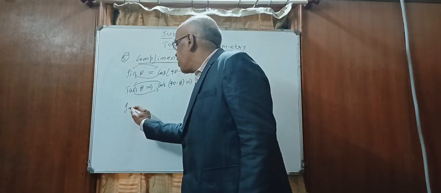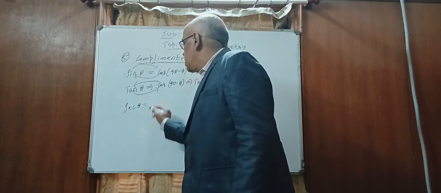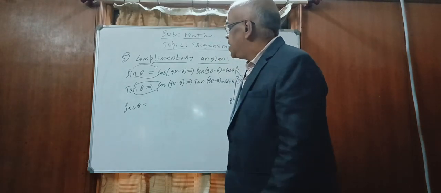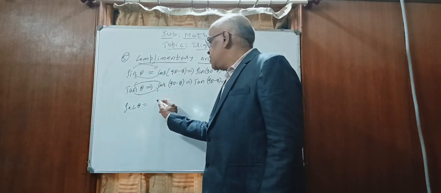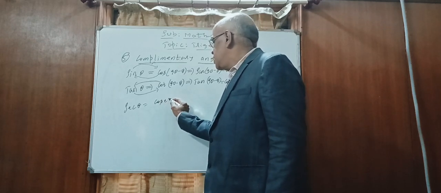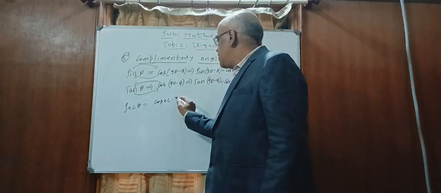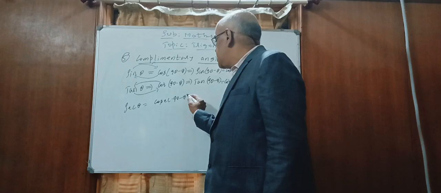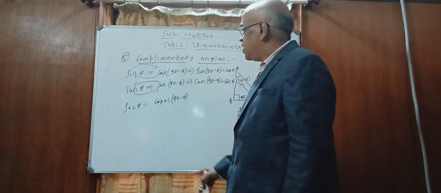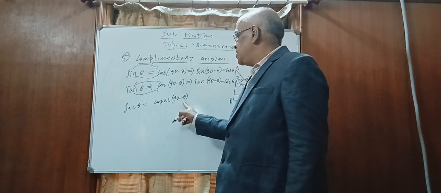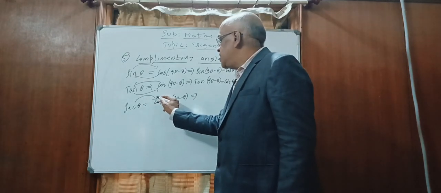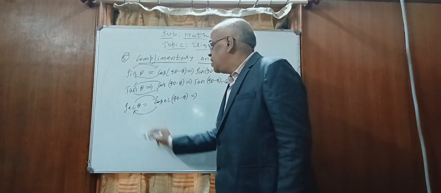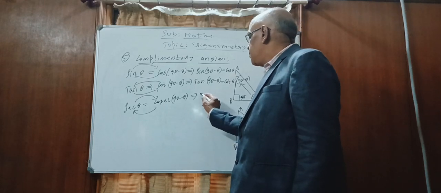Now come to the last one. Sec theta. Now, which is the last trigonometric function left? Cosecant. What is the complement of theta? 90 minus theta. So what does it imply? Again, interchange these two functions, sec and cosec.